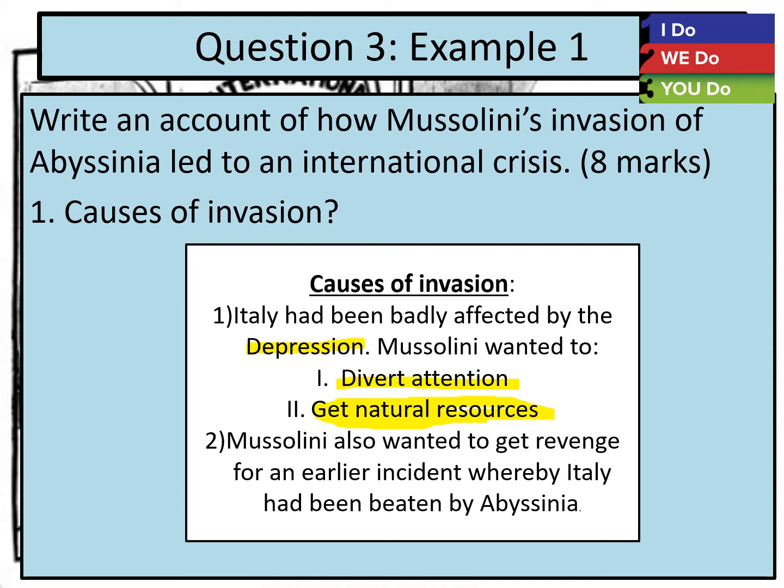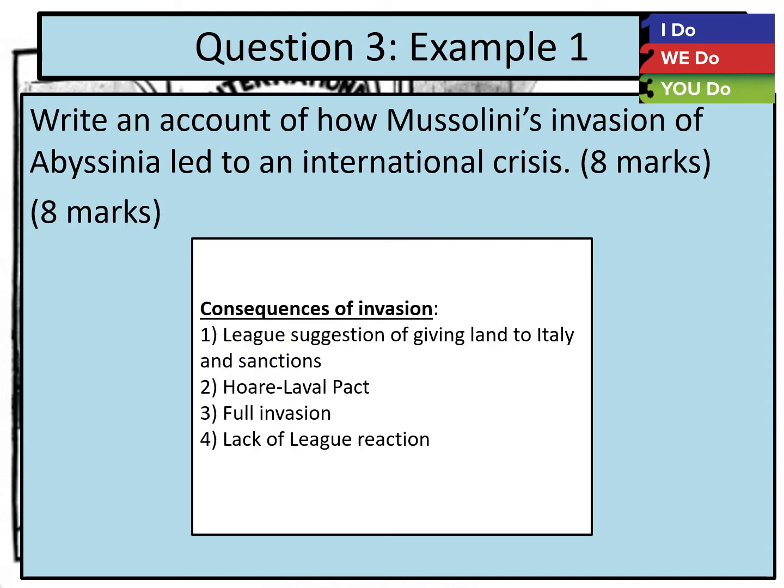You might also talk about revenge for earlier incidents. In 1896, Italians had been humiliated and beaten by the Abyssinians. So part of the invasion was about that. You might also talk, of course, at this point about what happened at the watering hole. That's what this first paragraph needs to focus on.